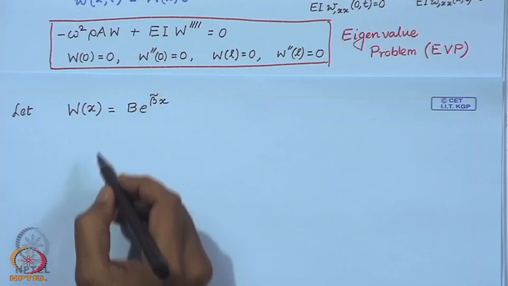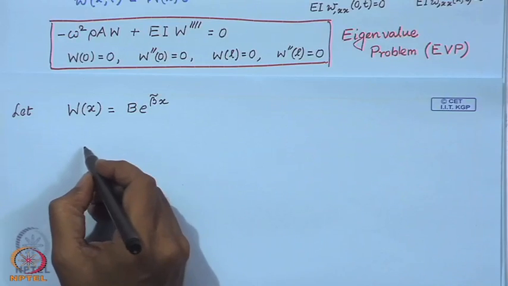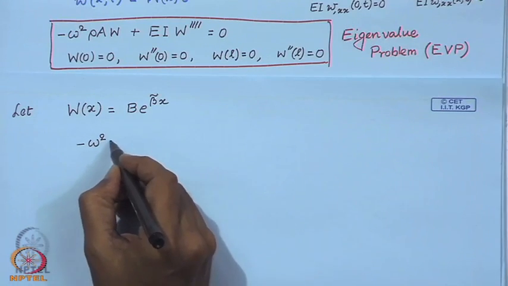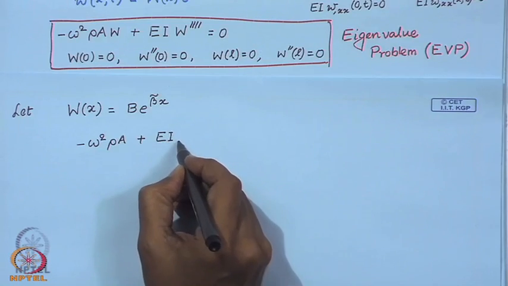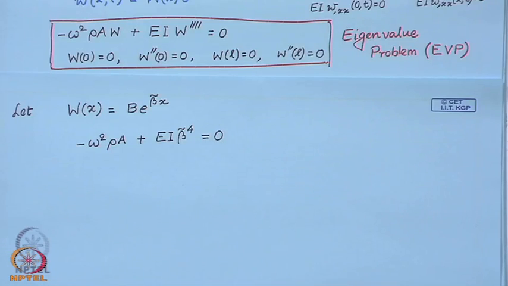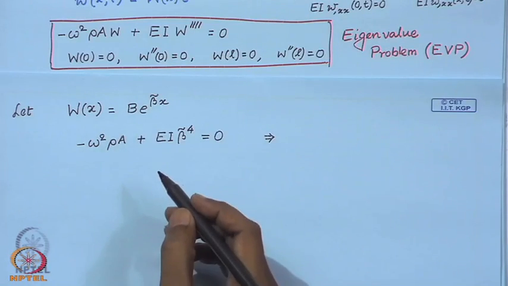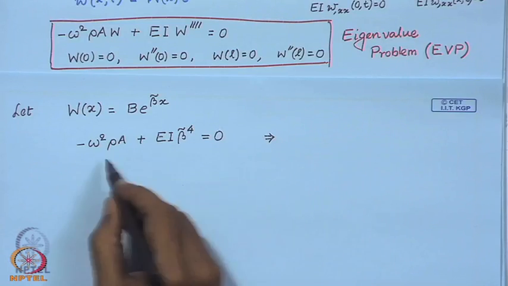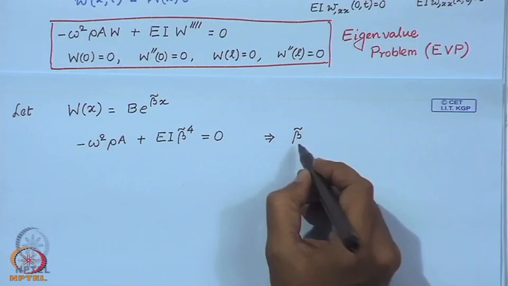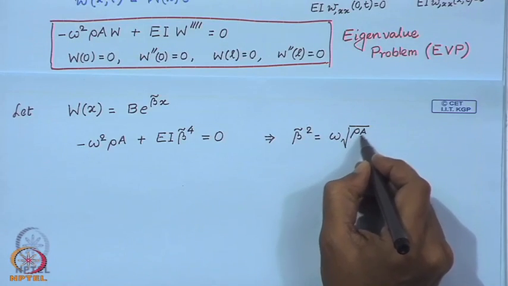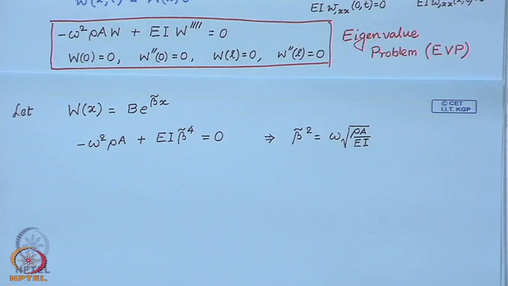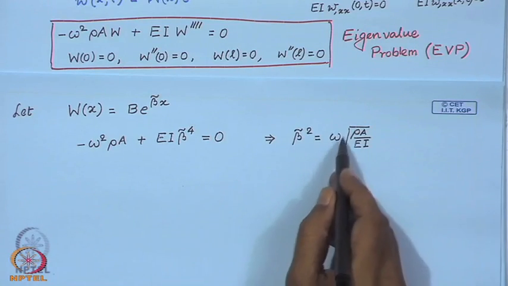If you substitute this in the differential equation of the eigenvalue problem, I have made some simplifications to obtain this, which implies that this beta tilde square, which is an unknown constant, is related to the circular eigenfrequency.